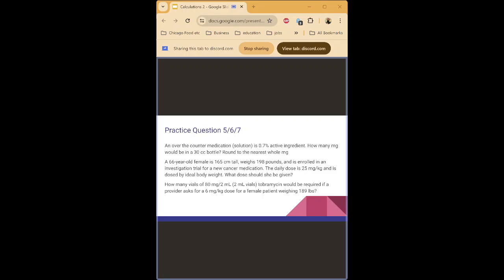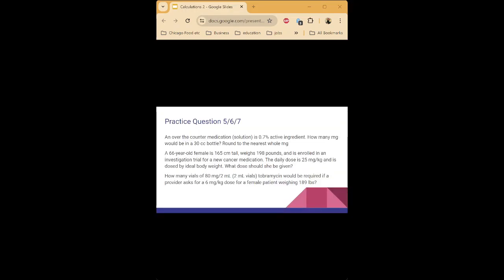Let's go ahead and work this out. So first, let's figure out the patient's weight in kilograms.